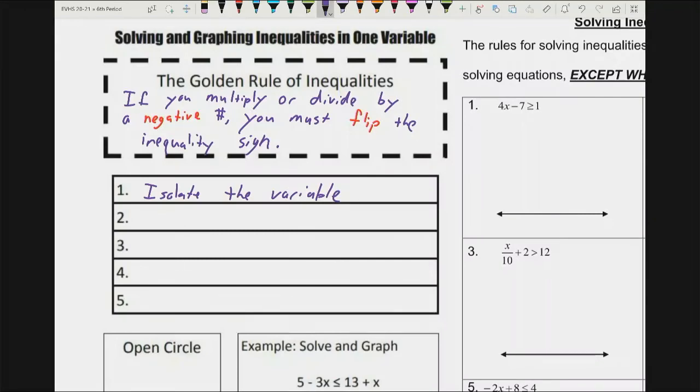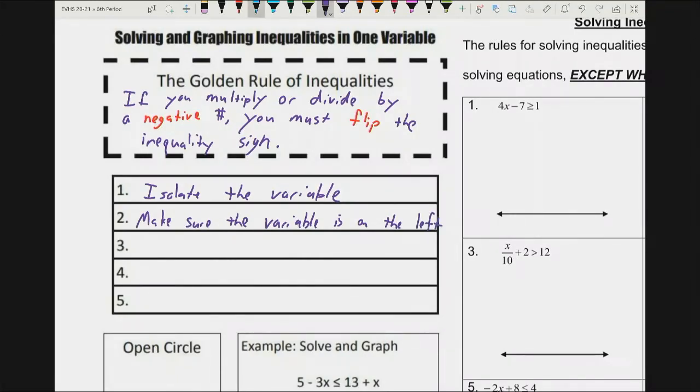Normally in an equation you would have x equals. However, in this case you're going to have x is less than, x is greater than, something of that nature. Okay, step 2. Make sure the variable is on the left.